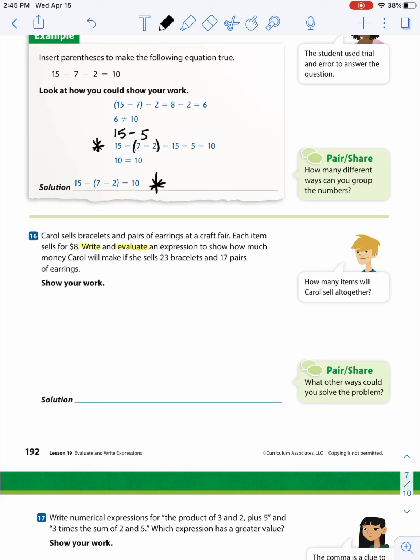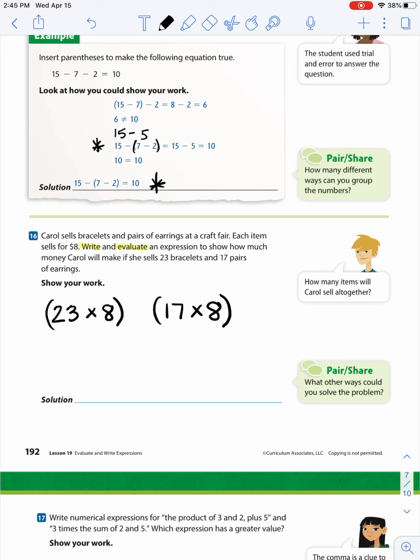So if she sells 23 bracelets and they're $8 each, that's 23 times 8. If she sells 17 pairs of earrings, and they're also $8 each, that's 17 times 8.